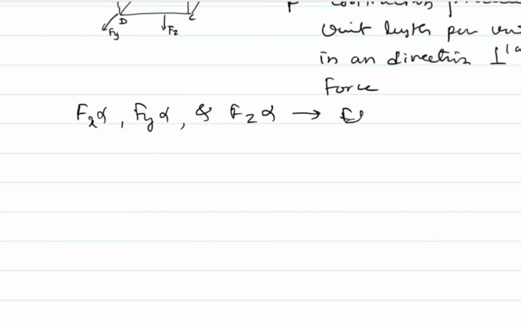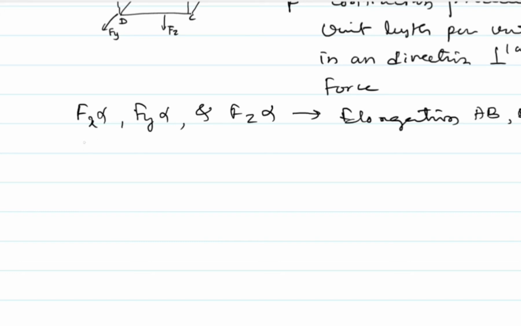This is the elongation along AB, BC and BG. So in these directions the elongation will take place.